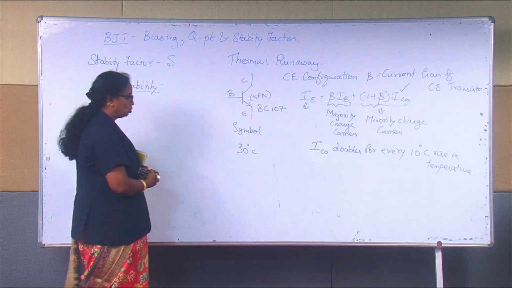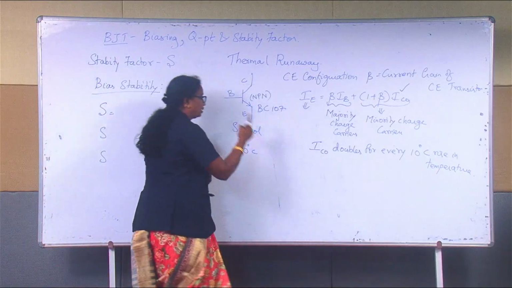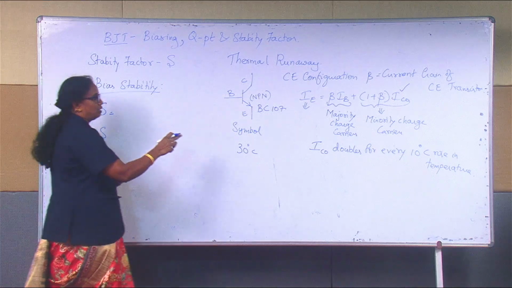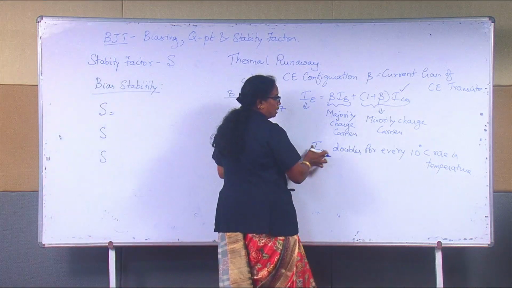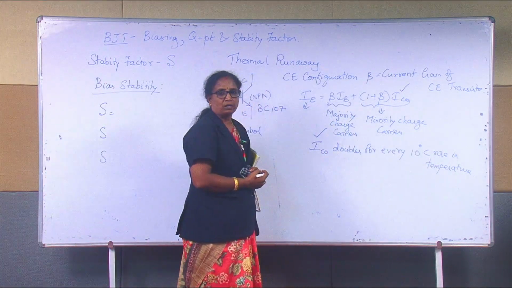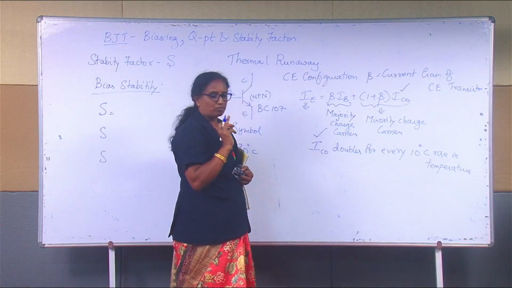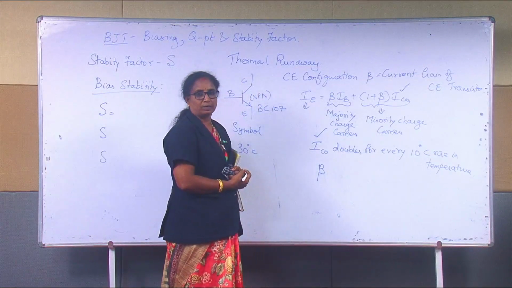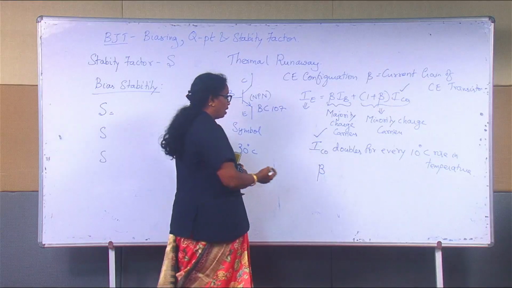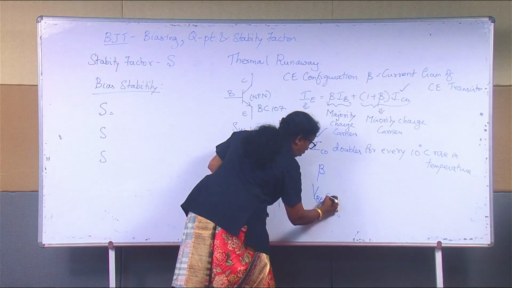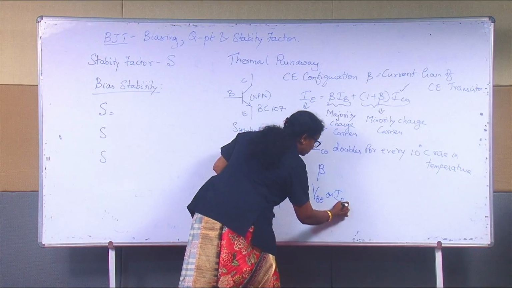Let us also see what are the factors that affect the stability factor. We have seen that increase in temperature will affect ICO. So ICO is one of the factors. The other factor is beta, and another factor is VBE or IB.